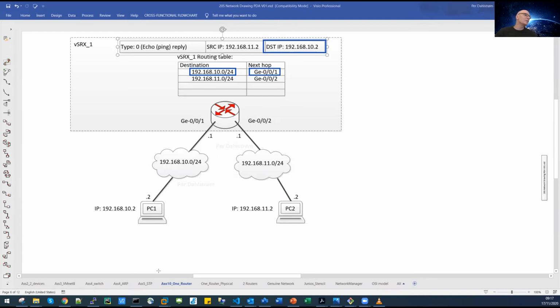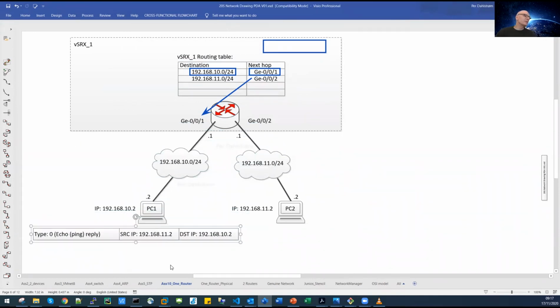Where do I have to send it to? I have to send that out on GE001. So the packet will be sent by the router out on that interface GE001, and that is exactly where we have PC1 sitting, which has the correct destination IP for this IP packet.